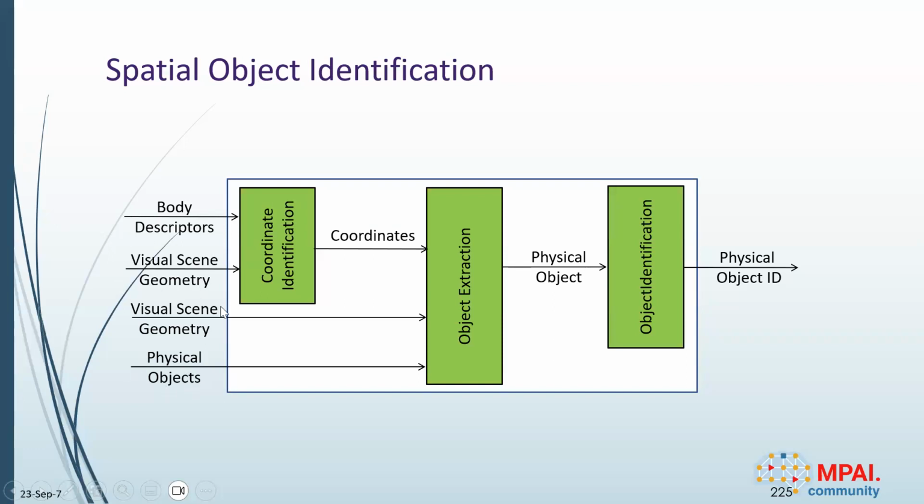We also have the visual scene geometry, so we know exactly where this body is placed, where this finger points to, and the output is coordinates. And here we have, again, by means of the visual scene geometry and the coordinates, the object extraction, and we can have as output the physical object, because now we know which among the many objects we are interested in. So this object identification simply gives the ID of this physical object.